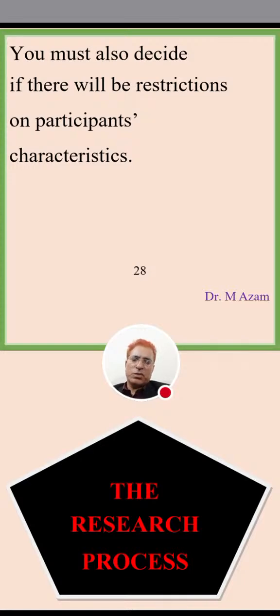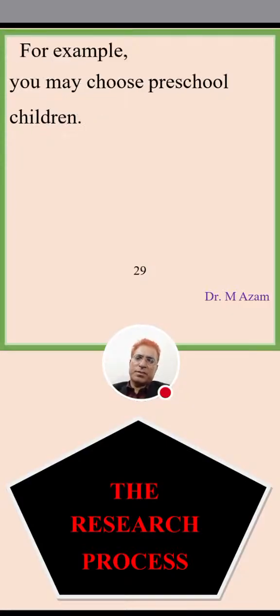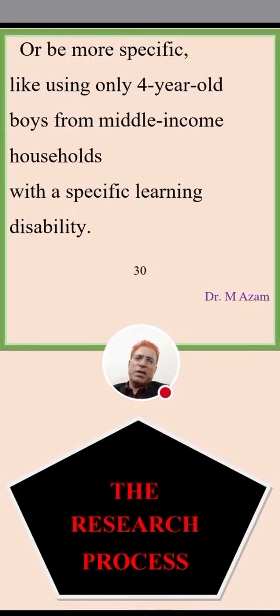If you are going to put some restrictions on them, it is also your responsibility to inform them before starting the research project. For example, you may choose preschool children, or be more specific, like using only 4-year-old boys from middle income households with a specific learning disability.